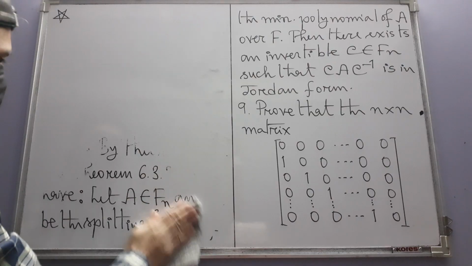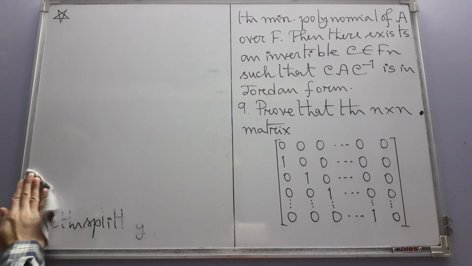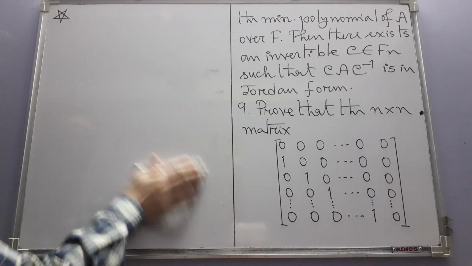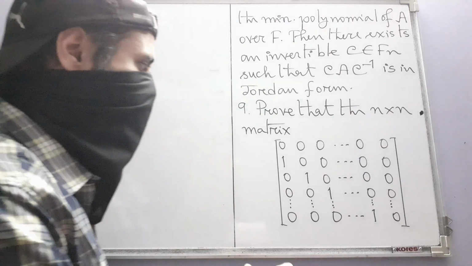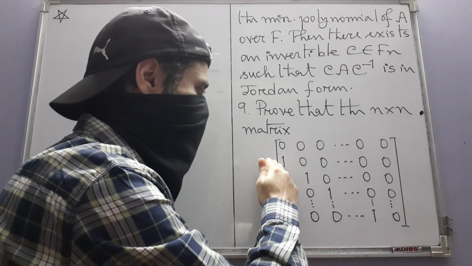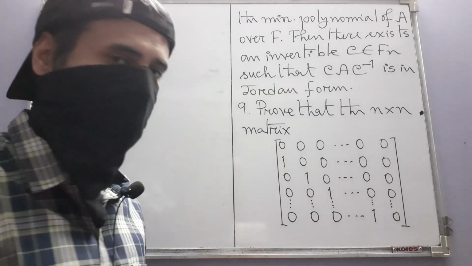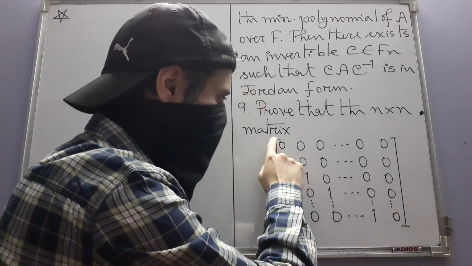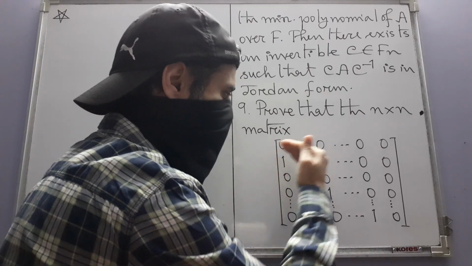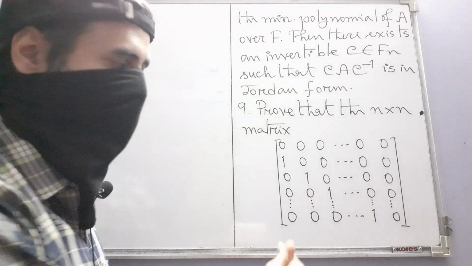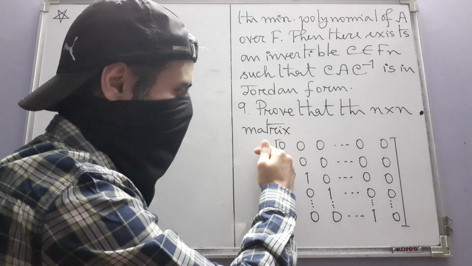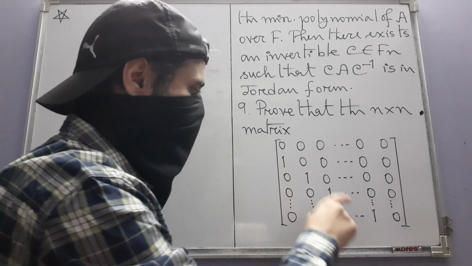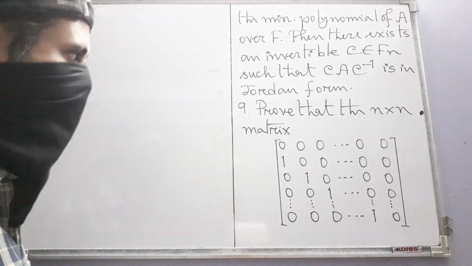An n by n matrix is given, which is of course that one, where almost all the entries are 0 except the sub-diagonal entries. You know that this is the leading diagonal. The diagonal above that is the super diagonal, but there is also one diagonal below that, that is the sub-diagonal. The sub-diagonal entries are all 1.